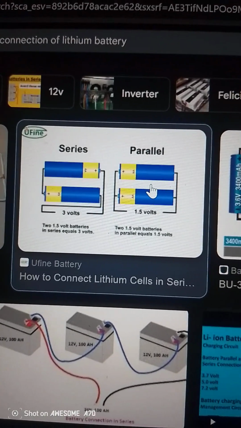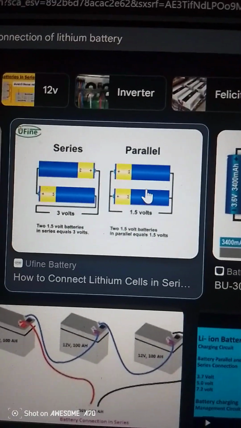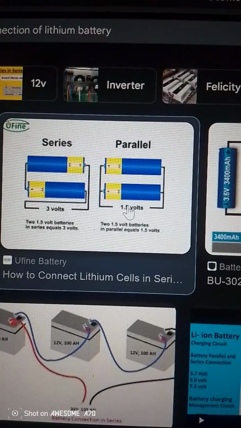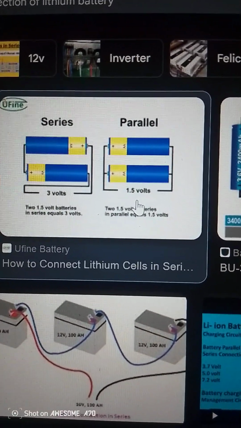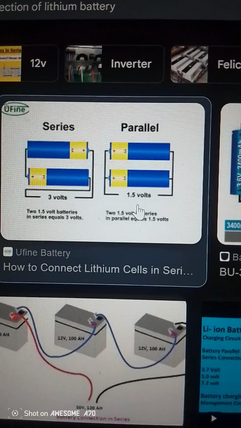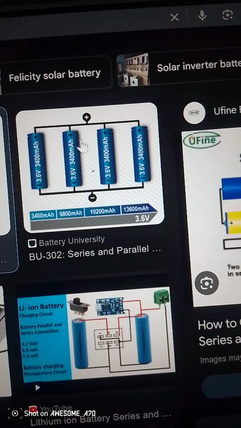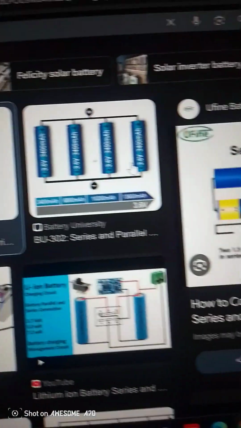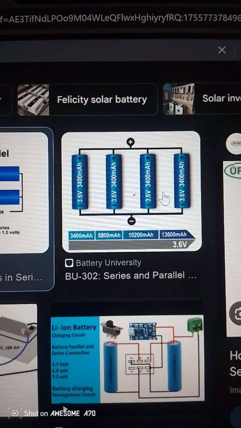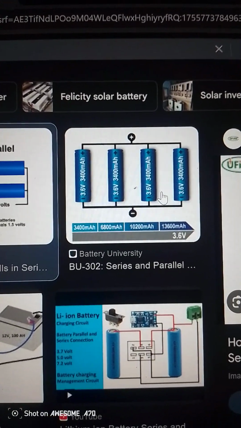Because we have different lithium battery volts. With what I'm seeing here, this battery is a 1.5 volts battery, while here we are having a 3.6 volts battery. When you look at this type of battery and that type of battery, they will not give you the same thing. This battery will give you 6 point something volts or 7 point something volts.